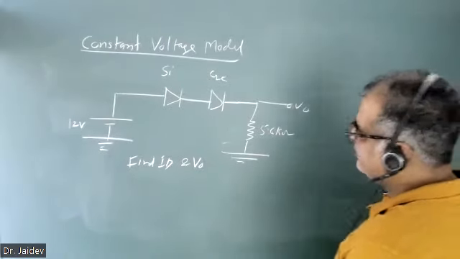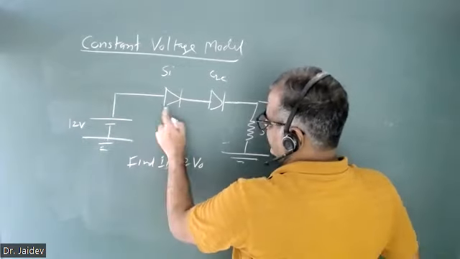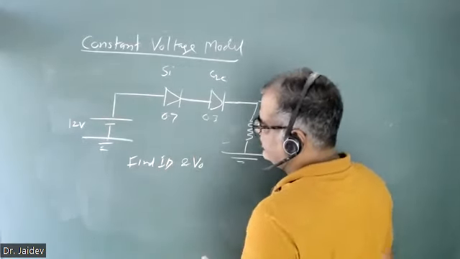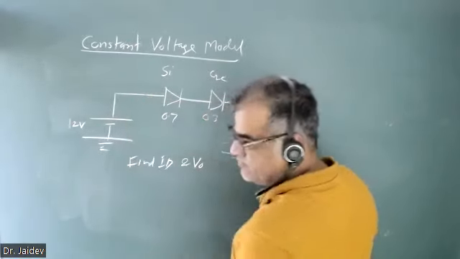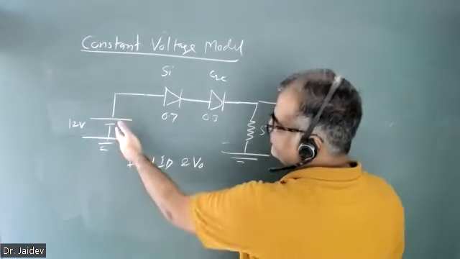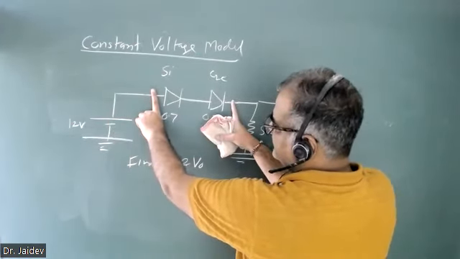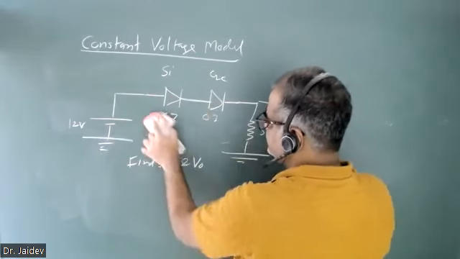Now see, if you want to replace the diodes by forward bias, they should be replaced by 0.7 and 0.3. Now if you make both diodes open, you have to check whether voltage is coming or not. Obviously the 12 volt battery is there. If you open this one, no current will flow, so all the voltage will come across this one. So this is forward bias.